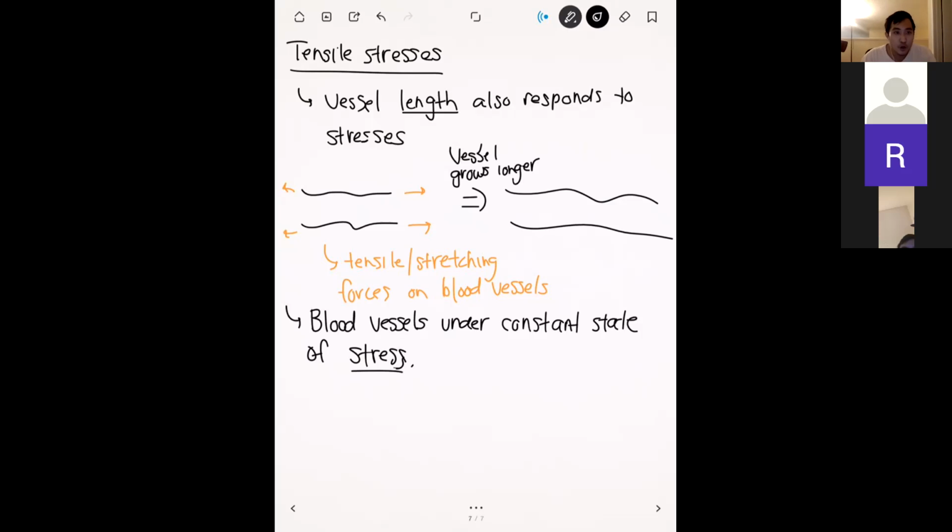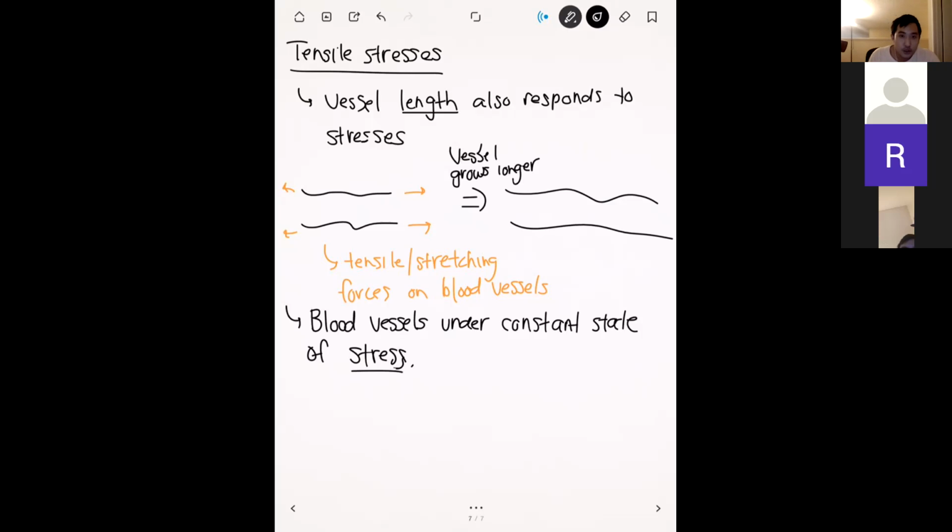So there's always that feeling of stress in the blood vessels. It's just that your blood vessels like to maintain that level of stress. So they have accepted that they can never get rid of the stress. Just like engineering students, you accept that you can never get rid of stress, but you can at least manage it and maintain it at a certain level. And that's what blood vessels aim to do, is maintain that same level of stress.